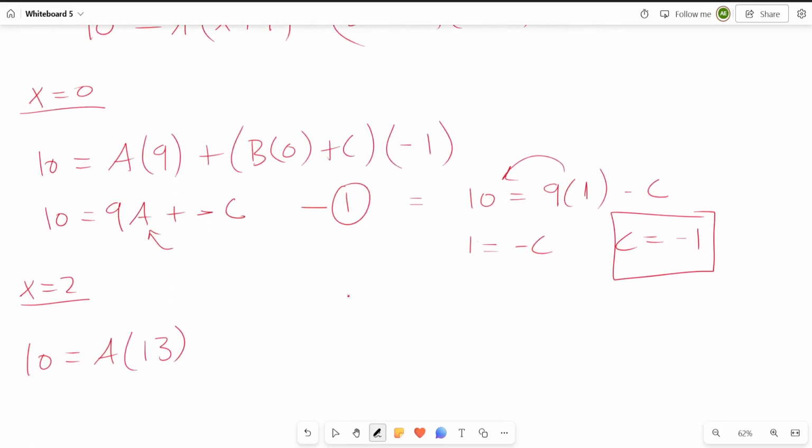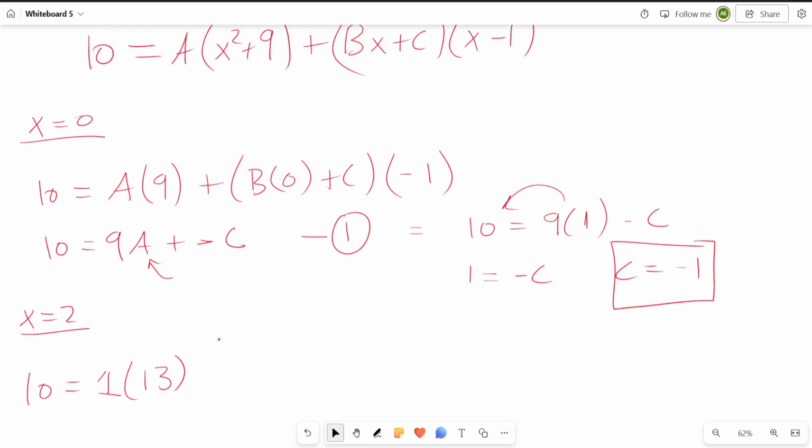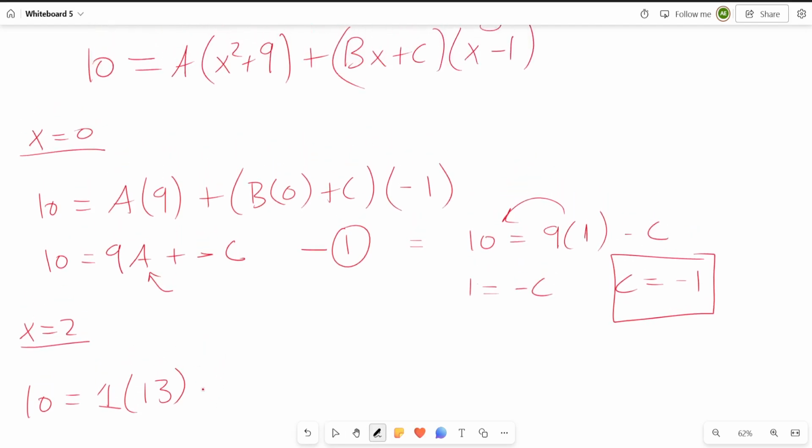Okay. Now, let's do again substituting x equals 2. Instead of A, I know that the value is 1. I calculated that. So 1, plus, I don't know what B is, so I'm going to say B times x, which is 2, plus C. C I got as minus 1.